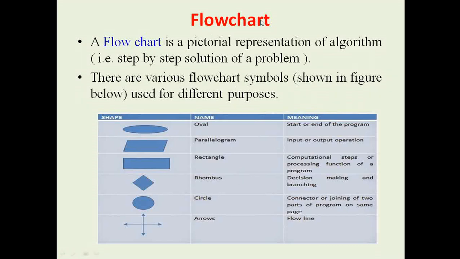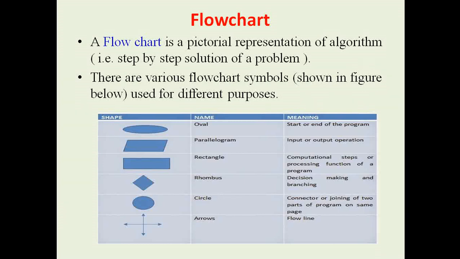Then comes flowchart. A flowchart is a pictorial representation of algorithm. What is algorithm? Algorithm is step-by-step process of solving a given problem, right? And when these steps are written in simple language, English like language, when we convert these or we represent these steps using some diagrammatical representation or pictorial representation, it becomes a flowchart.